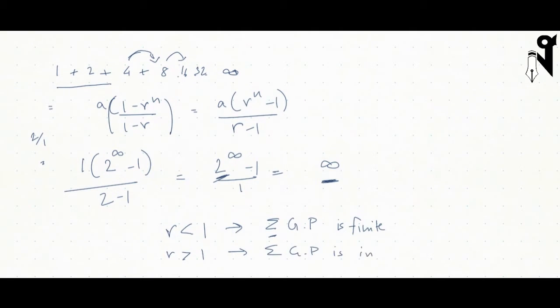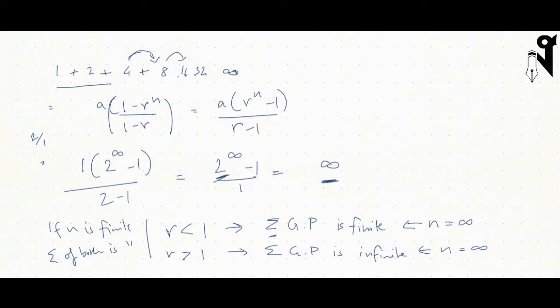This is for an infinite GP, meaning that the number of terms is infinite in both. Okay, if n is finite, then the sum of both is finite.